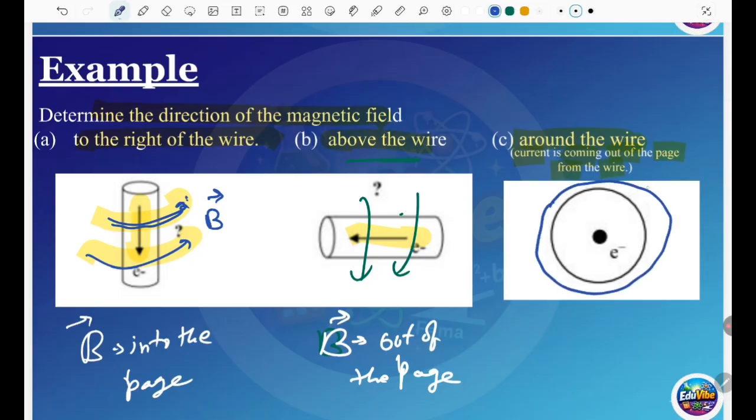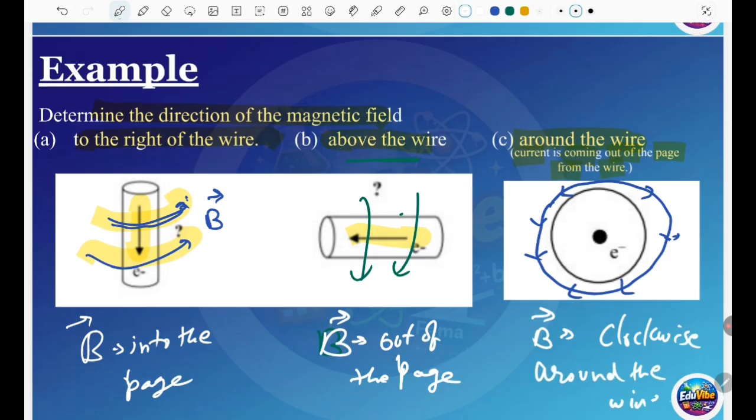And what's the flow? They follow the clockwise flow, going out of the page.